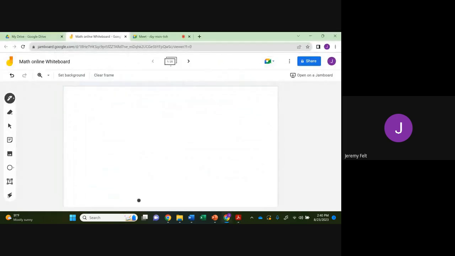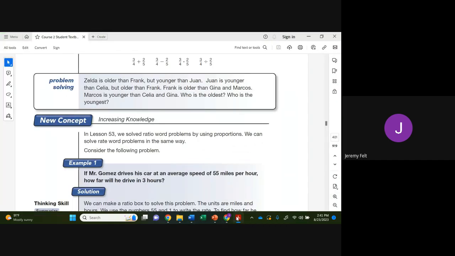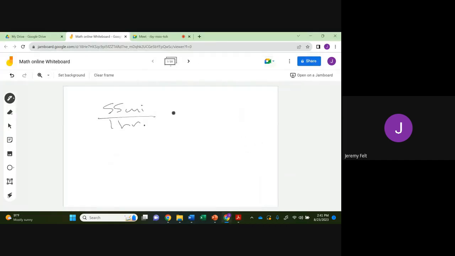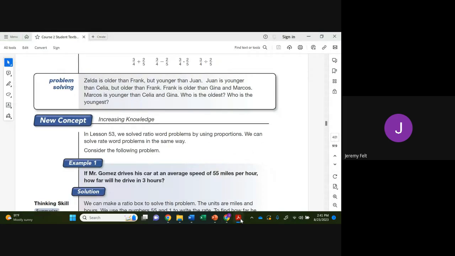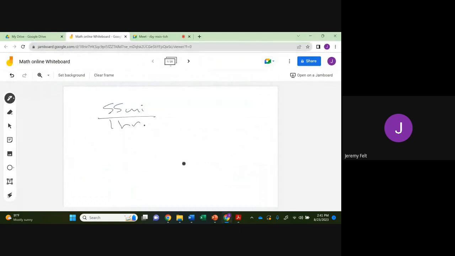So 55 miles per 1 hour, and he travels for 3 hours. So this is the rate that he's going. He drives for 3 hours. We want to know how far he's gone. So I do 55 miles over 1 hour because that's our miles per hour, and also because hours over hours are going to cancel out.